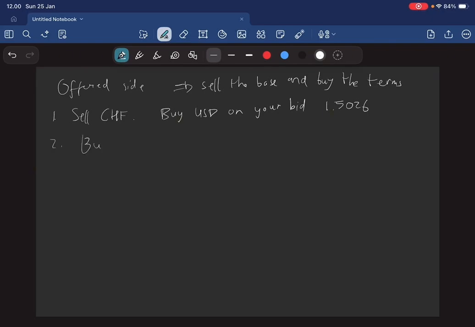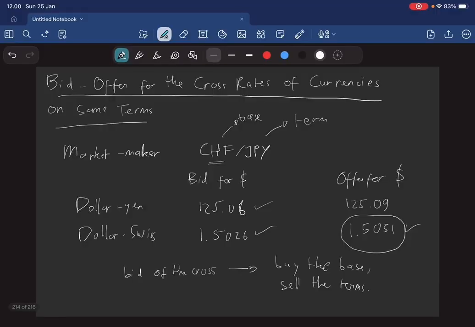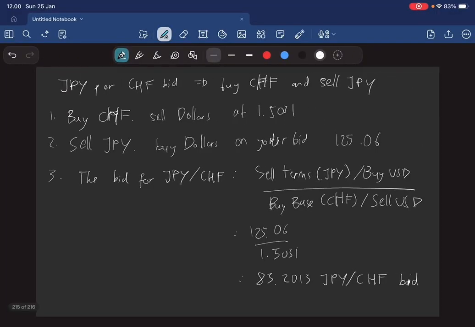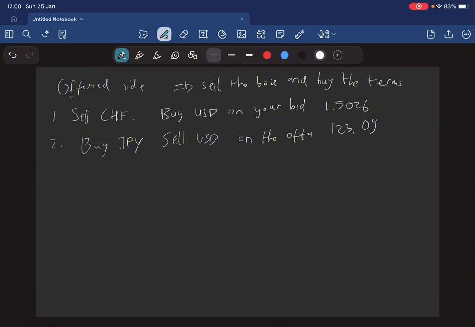Second, we buy Japanese yen. So, to buy Japanese yen, you sell US dollar on the offer of 125.09. This one. Then you want to know the value of 1 Swiss franc in terms of Japanese yen.